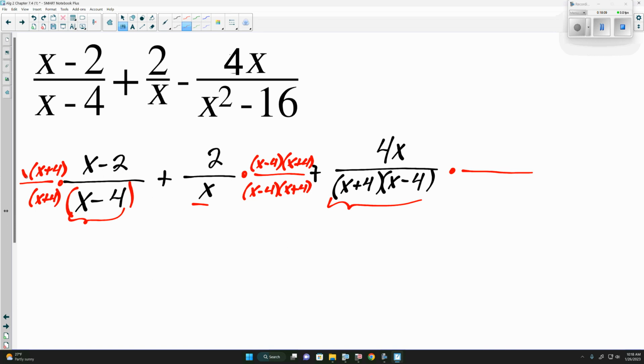Yes, we need an x in the first. And we need it in the last. Now we have all 3 denominators the same, because it's going to be x times x minus 4 times x plus 4.